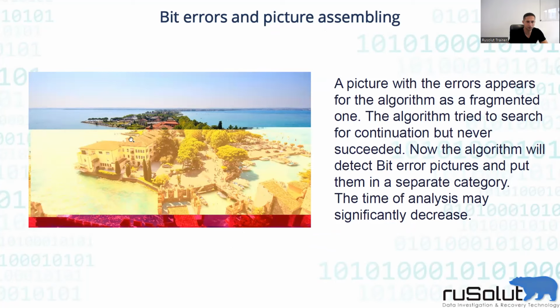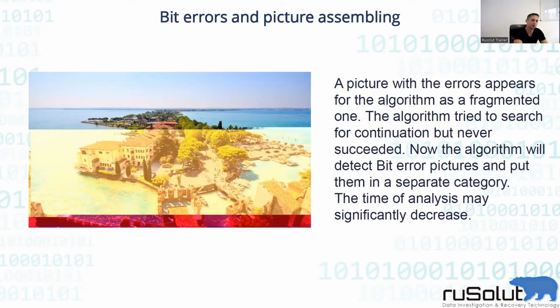And then, since the assembler is analyzing what is shown in the picture, it will think that the picture ends somewhere at this point and a new picture begins. So the assembler thinks that this is a fragmented picture.